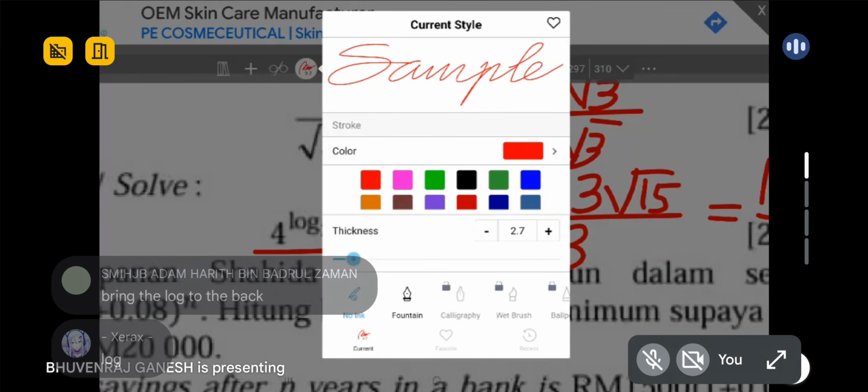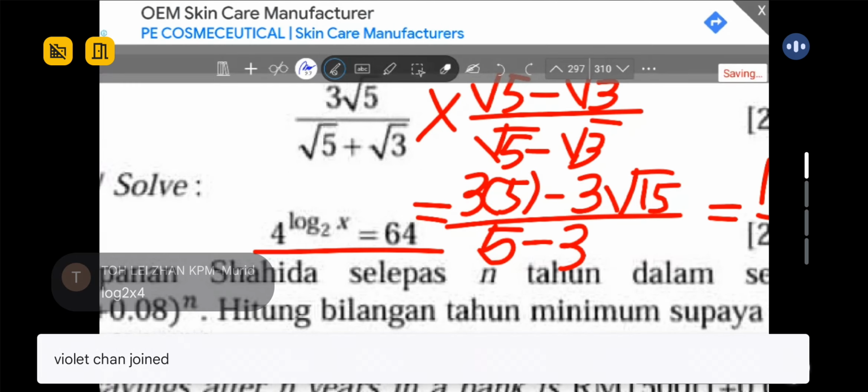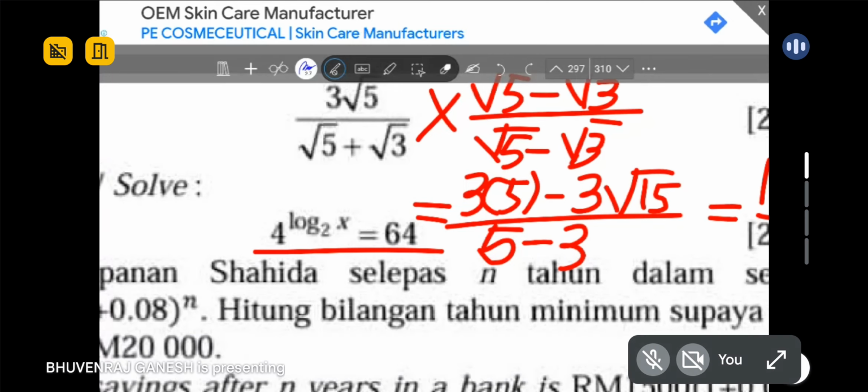Okay. It's a good try, but not correct. There is something else you can do here, guys. If you notice something, whenever you play with indices, right, guys, you must be aware of the whole equation. Log 2 times 4.